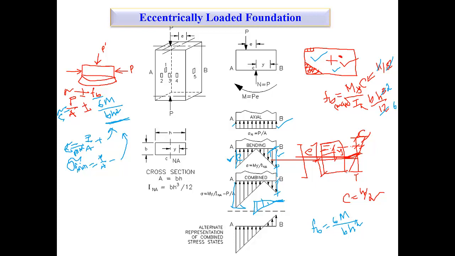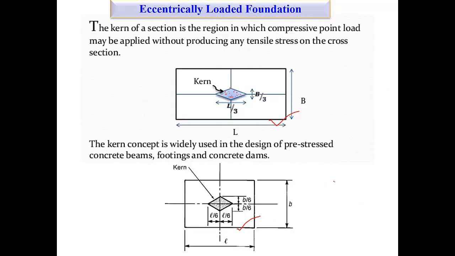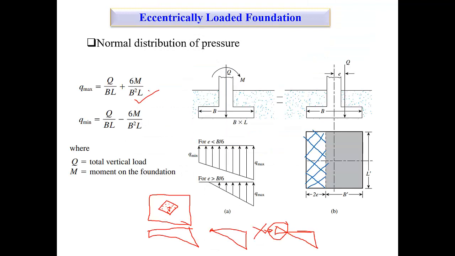Here I consider this is H, this is L, and this is B. Similarly you can put it here, and 6M over B squared L. So this is for one-way eccentricity. For two-way, you will find another term here also. We'll go to the two-way also, but first let us discuss the one-way.